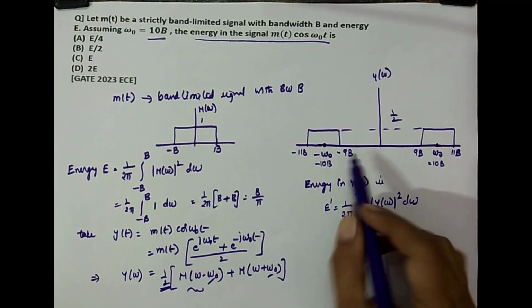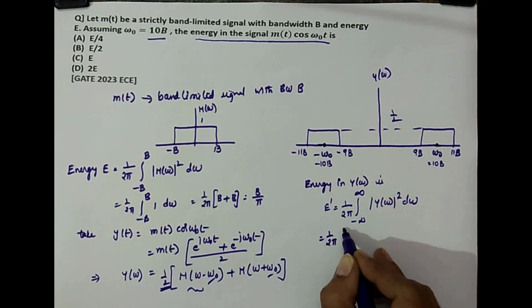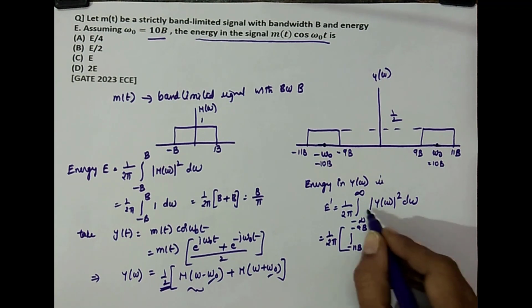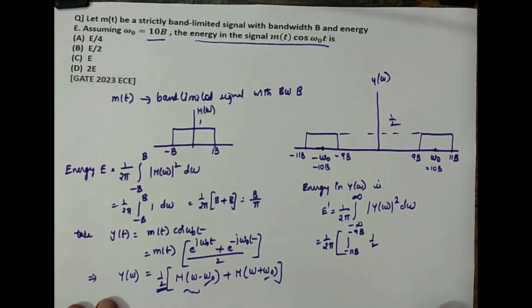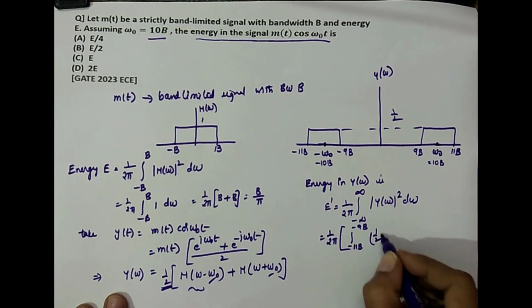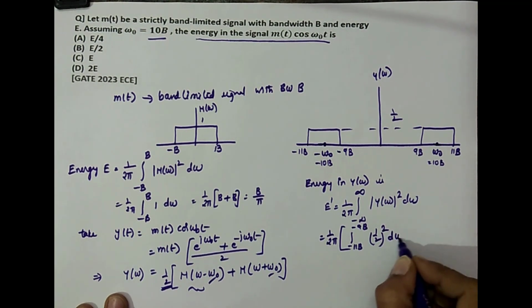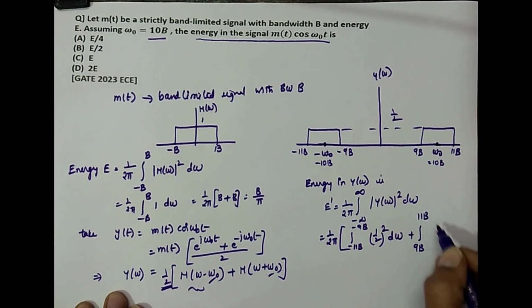Now here also, according to this spectrum, you have to take the limits. So 1 by 2 pi, integral from minus 11b to minus 9b, mod Y of omega whole square is 1 by 2 whole square d omega, plus integral 9b to 11b, 1 by 2 whole square d omega.